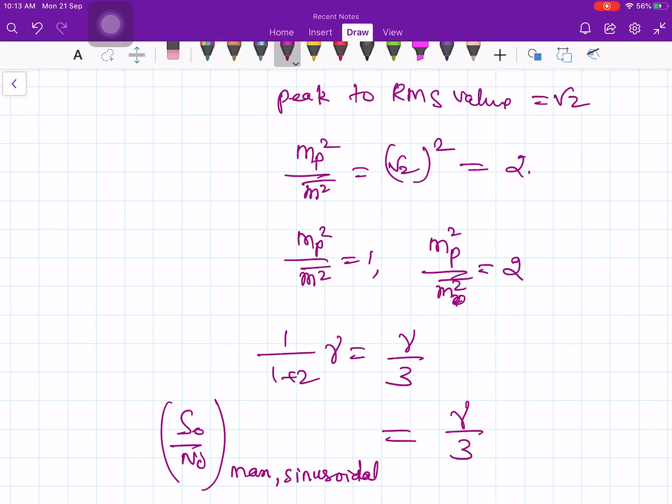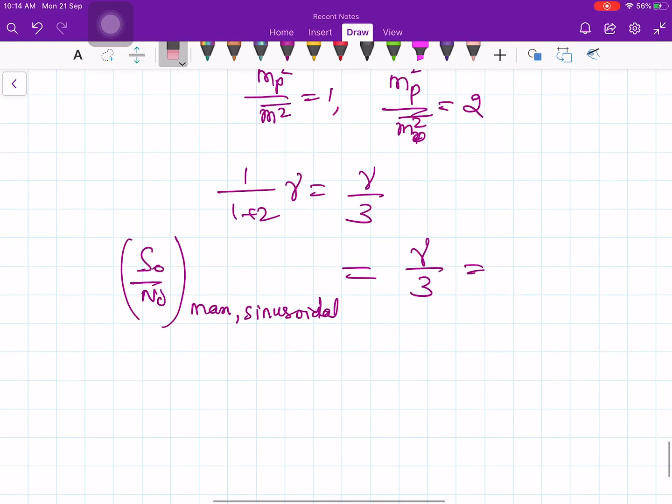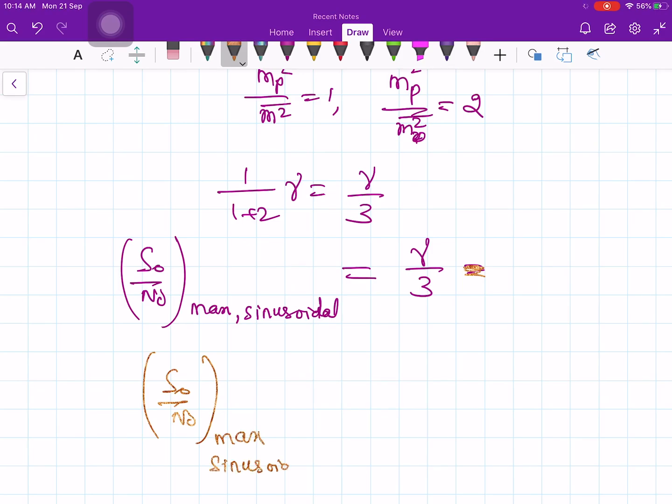So gamma by 3 you can write in terms of dB, for gamma suffix dB, let's say S naught by N naught maximum for sinusoidal signal in terms of dB is equal to gamma in dB minus, if you convert 3 in terms of dB, then it is 4.77 dB.